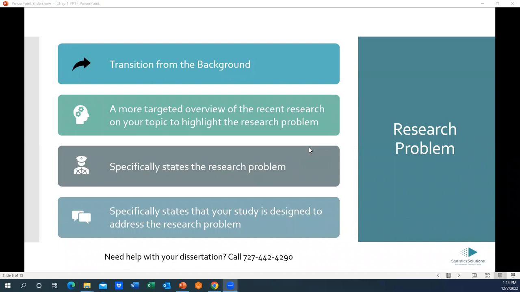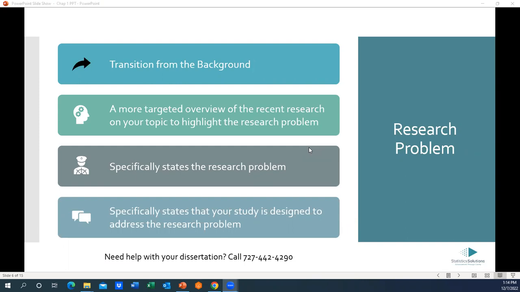That would be a research problem, right? Or maybe researchers have only used certain kinds of theories to explain a topic, but there are other good theories that they haven't applied to it.